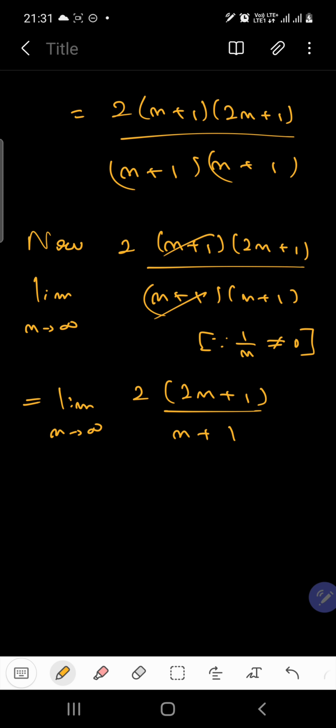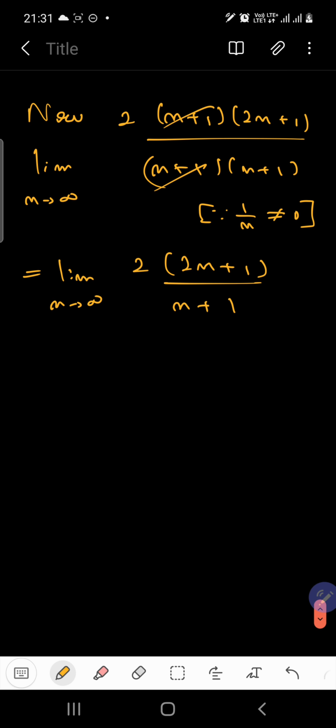Now from here what do we get? Here we can apply L'Hopital's rule. So from here we get limit n tends to infinity, so this becomes 2 times 2. Clear? And here we have 1. Right? So this becomes 4.